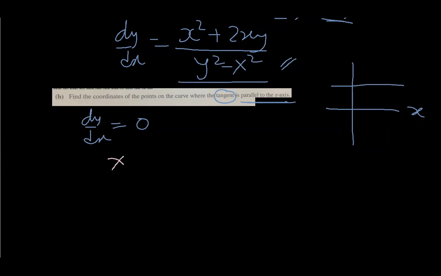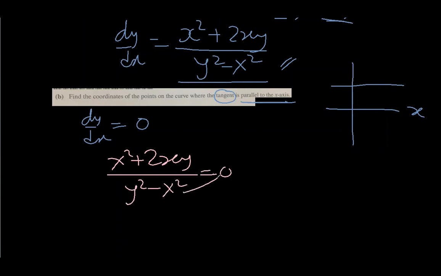So x square plus 2xy over y square minus x square is equal to 0. When the denominator multiplies with 0, it vanishes. We are just left with x square plus 2xy equal to 0. We can factor this.